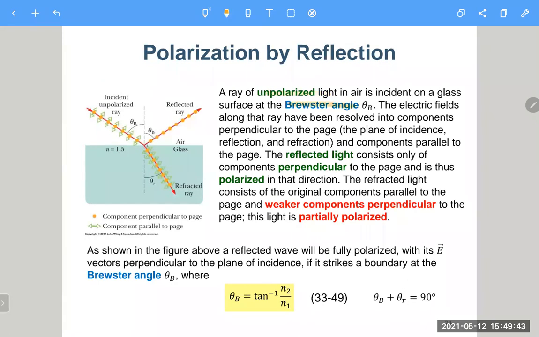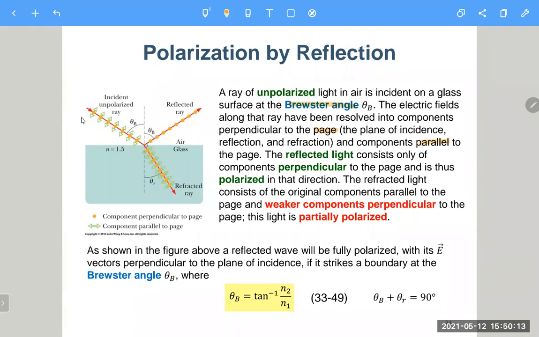So here we introduce a term called the Brewster angle, and this is different from the critical angle. This is not the same angle. The electric field along that ray has been resolved into components perpendicular to the page and also parallel to the page.